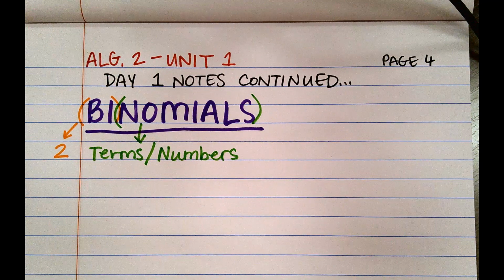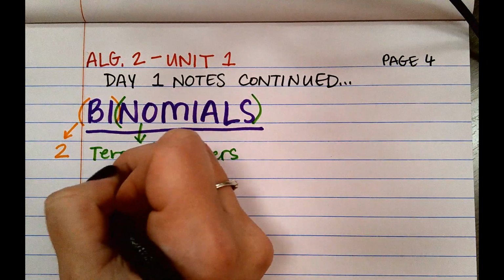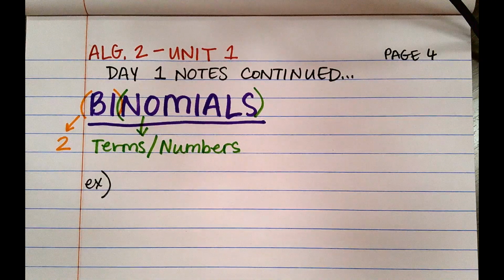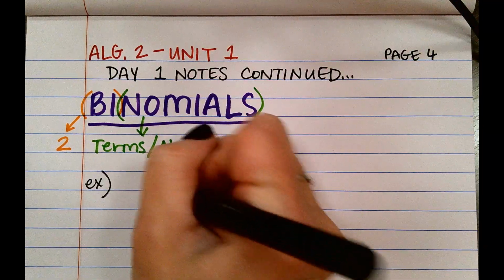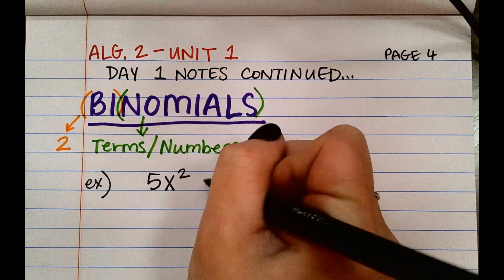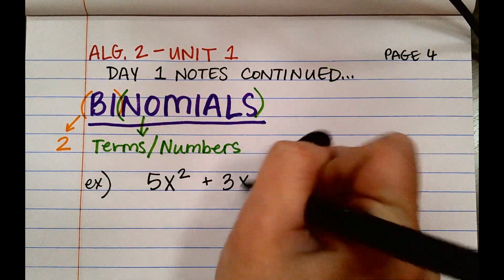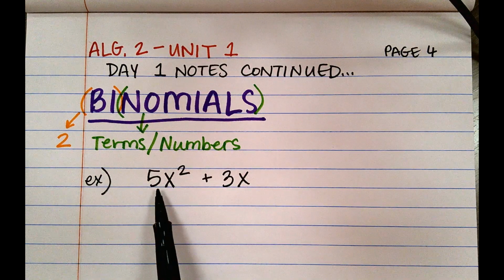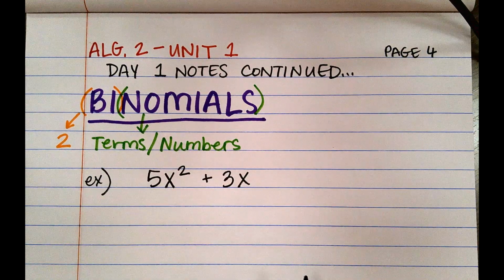So an example of a binomial would be 5x squared plus 3x. How many terms are there? Two.